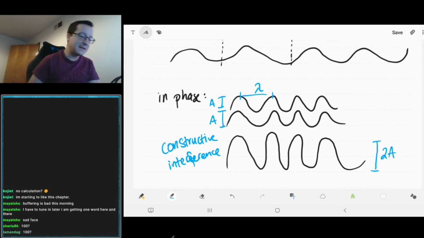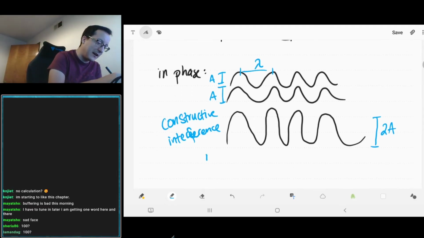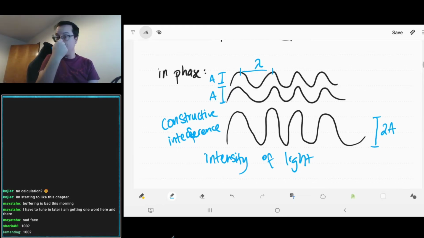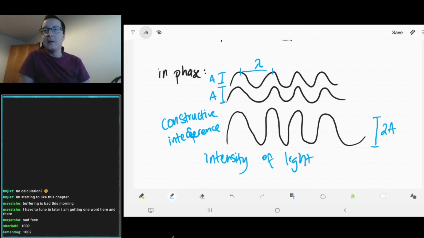And so we're going to see that this has to do with the intensity of light. So we saw previously that the wavelength of light is going to determine what type of wave it is. If it's a visible wave, the wavelength will say, okay, this wave is orange. It's going to give us orange light.